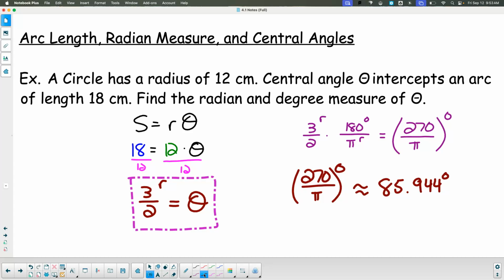My DMS would be 85 degrees, and I would subtract off 85, multiply by 60. That would give me 56 minutes, minus 56 times 60, 37.209 seconds. So I'm going to call that 37 seconds.